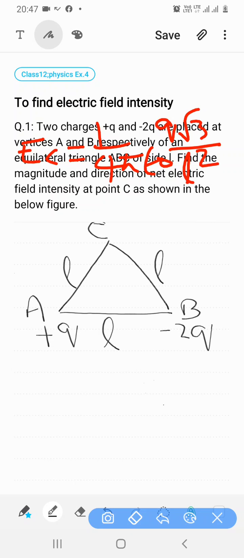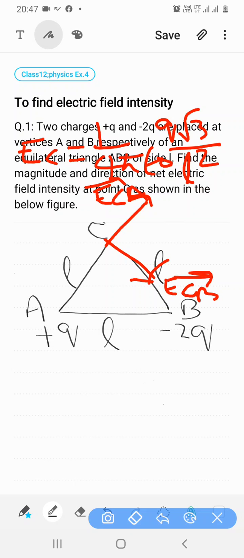Now for the direction, here you see ECA vector, and here is vector ECB. So its direction will be somewhere here, along this direction.